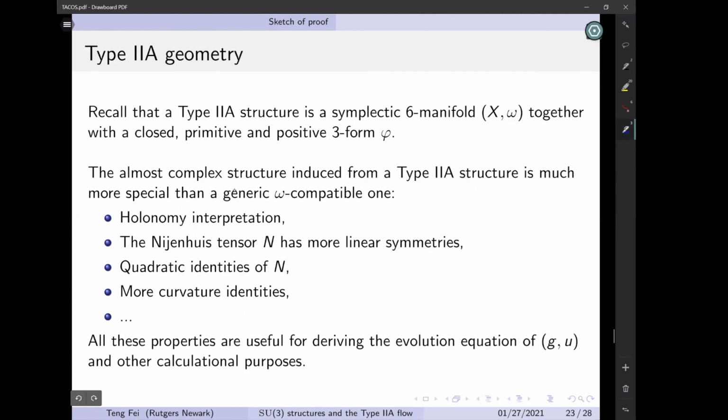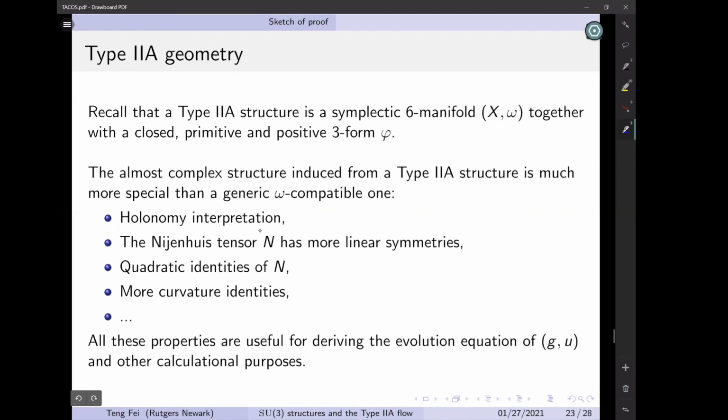It has lots of nice properties, like there's a holonomic interpretation, and also there's some extra symmetry of the Nijenhuis tensor. There's a linear symmetry, and there are quadratic identities, and also there are curvature identities.